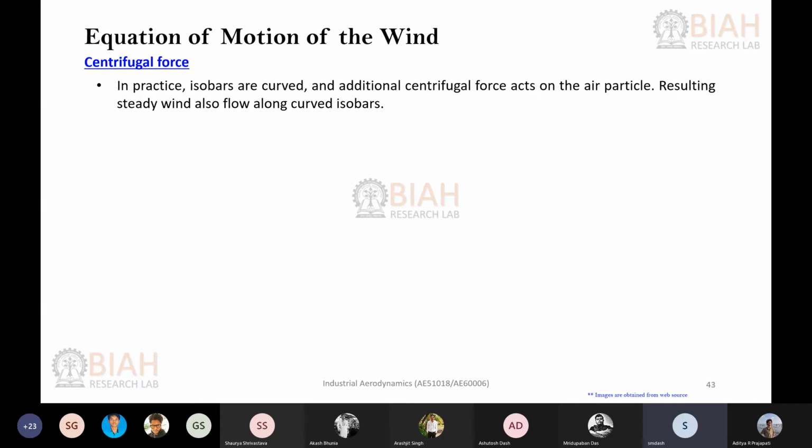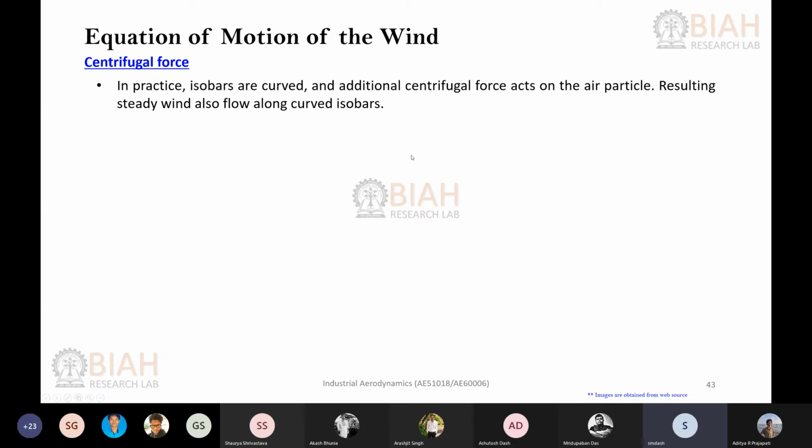If you see any weather map, either on a news channel or when you browse for it, you see that the isobars are curved, and that curvature is because there is an additional force which helps make the isobar curve. That is the centrifugal force. Since Earth is rotating, air parcels experience the centrifugal force also, and because of that the isobars tend to be curved.